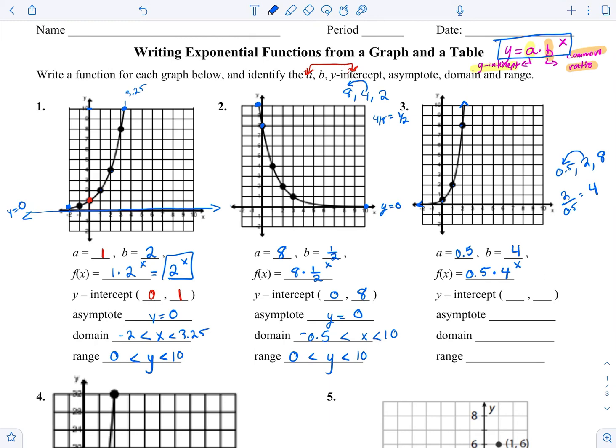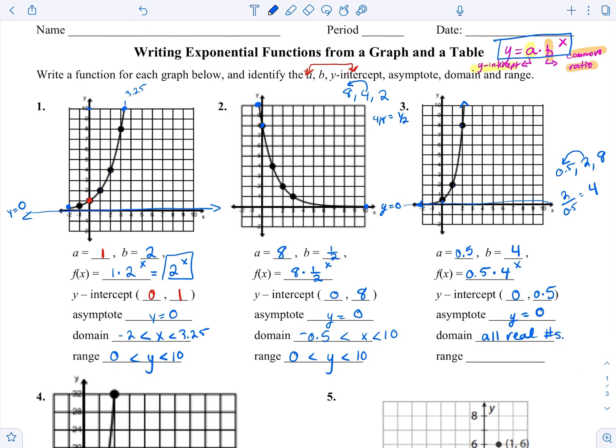Now, since our a is 0.5, that means our y-intercept is 0.5, when x is 0. And this graph is definitely approaching the x-axis, so our asymptote is y equals 0. And our domain, when there's arrows, remember, is always all real numbers.